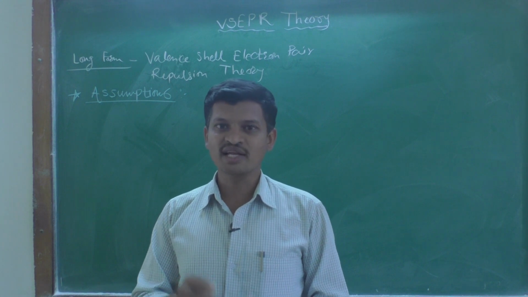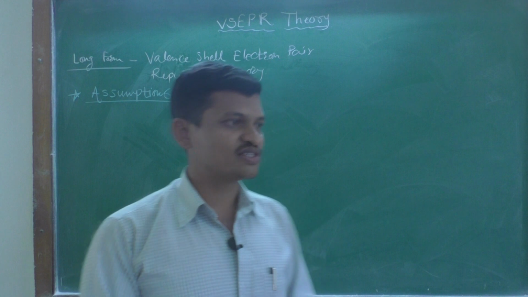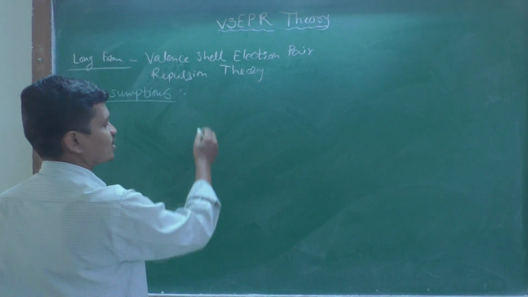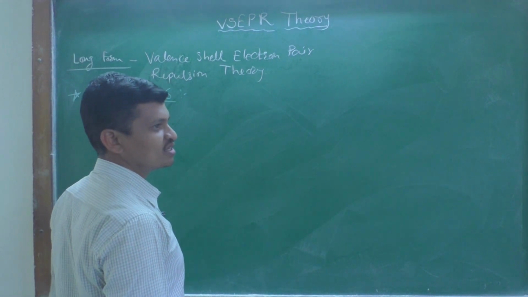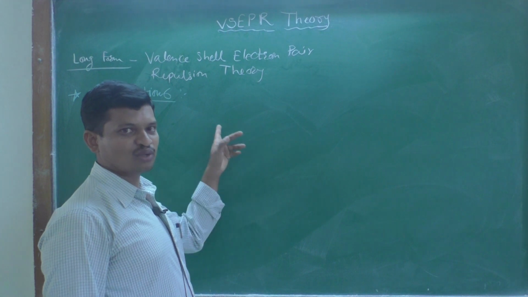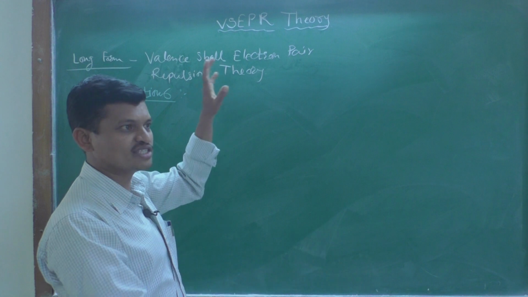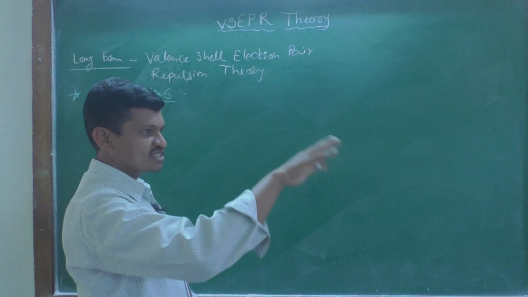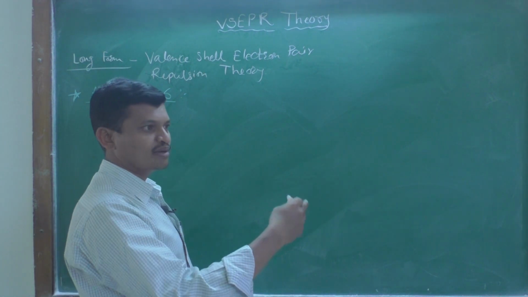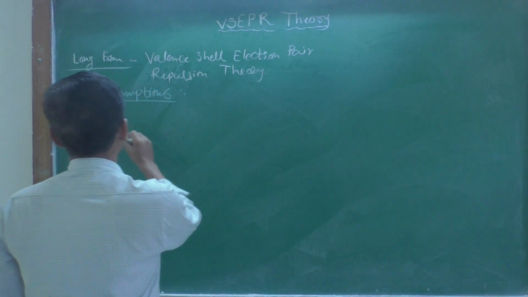Okay, and these electrons form pairs. The electrons which are present in the valence shell, the last or outermost shell of that central atom, surround the central atom by forming pairs.